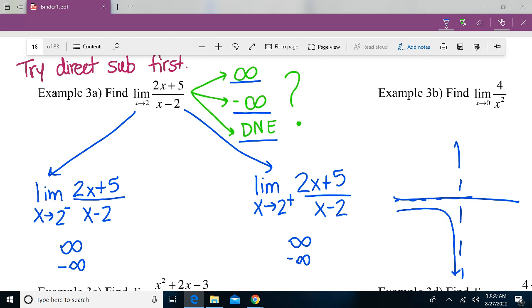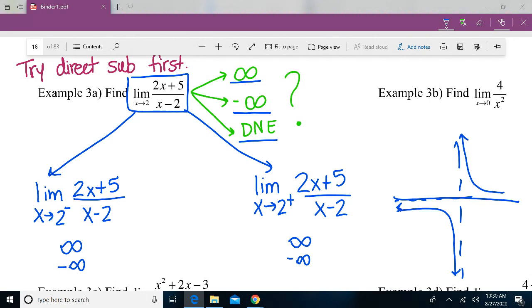And whenever the graph is approaching a vertical asymptote, it is only going to approach negative infinity or positive infinity. So I know that the left side is only going to be positive infinity or negative infinity. The right, positive or negative. Does not exist would only apply to the overall limit.